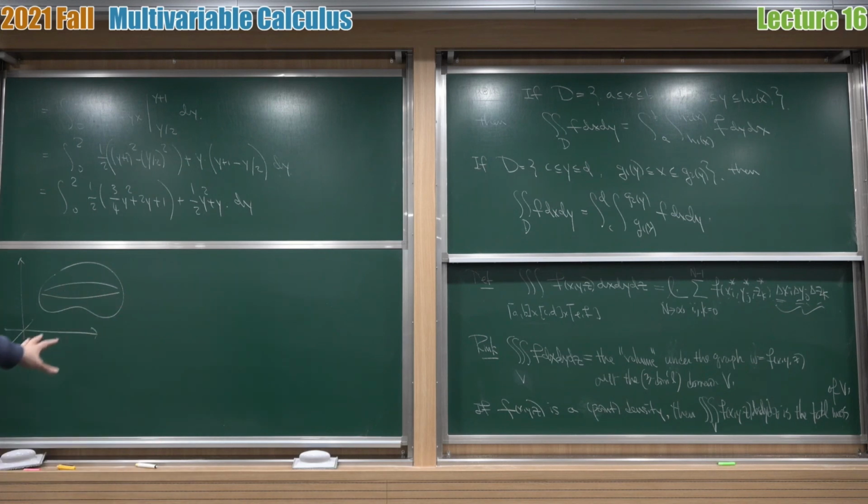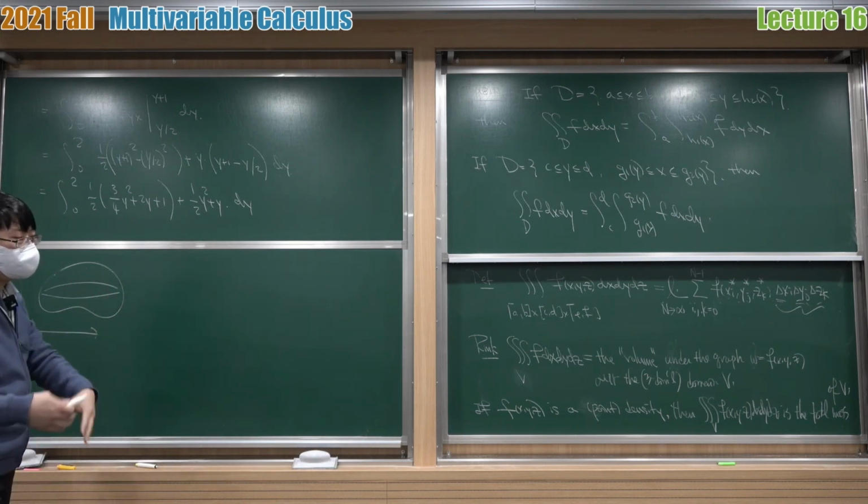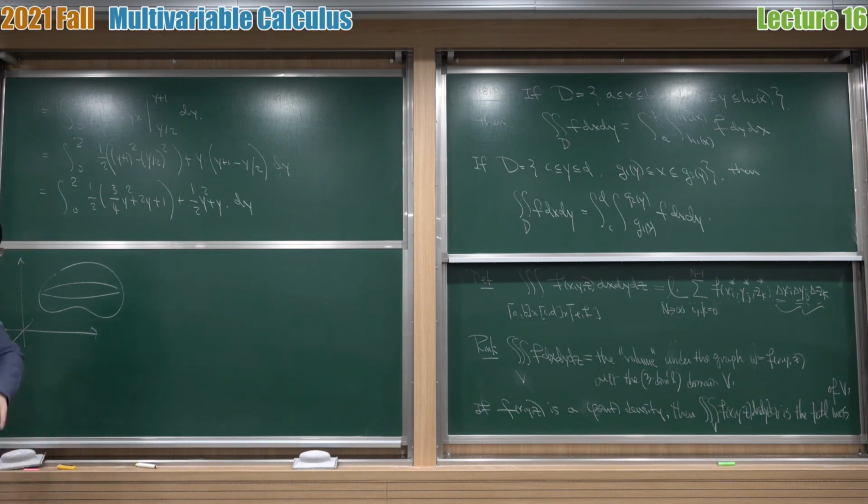First, how can we define the triple integral on a non-rectangular domain? How can we define the iterated integral? And why is the triple integral the same as the iterated integral over a three-variable function? So first of all, how can you define the triple integral over a non-rectangular domain?